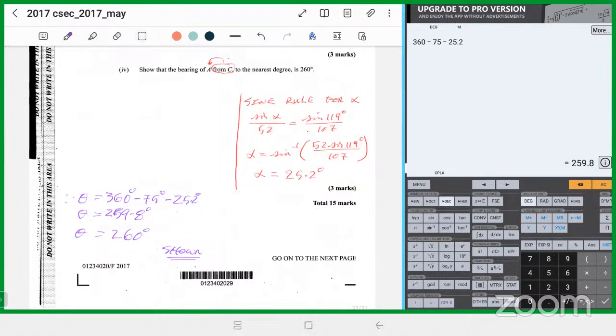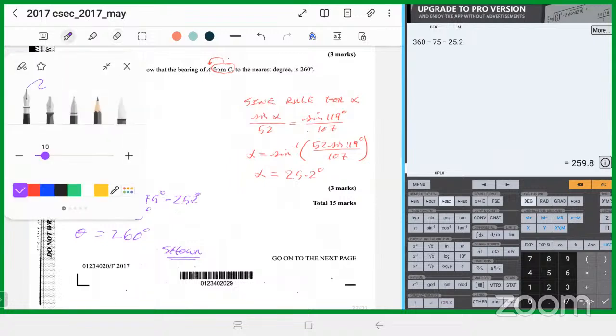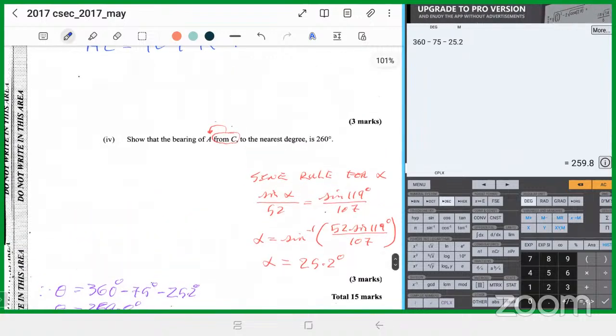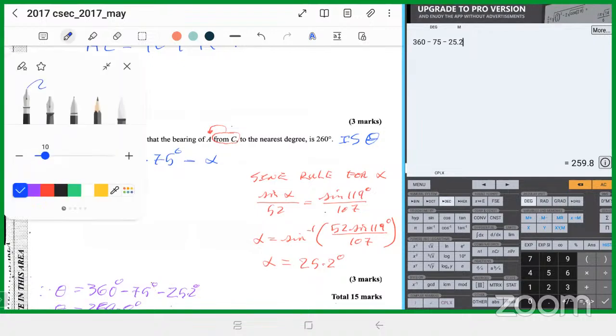All right, so I'm setting it up here now. Based on the diagram, we said the bearing of A from C, I'm going to say is theta. And we said that the theta was 360 minus the 75 degrees minus the alpha. Then we use sine rule for the alpha here. That's what we did here.